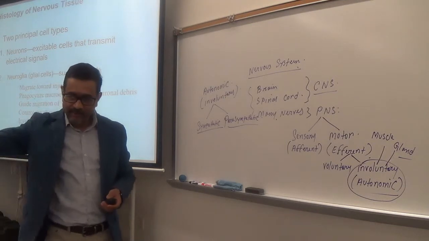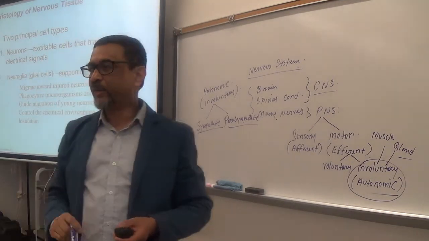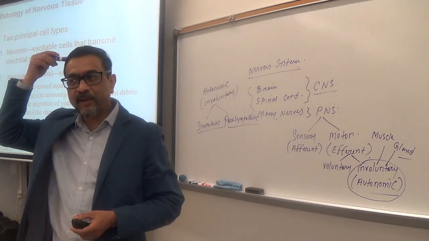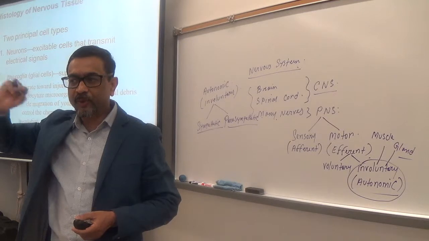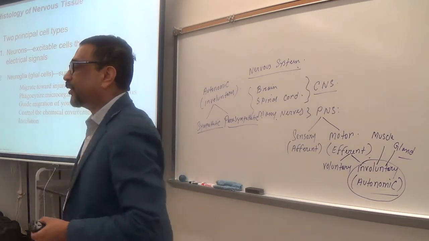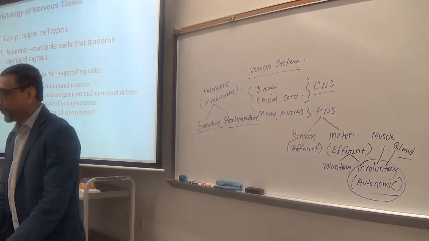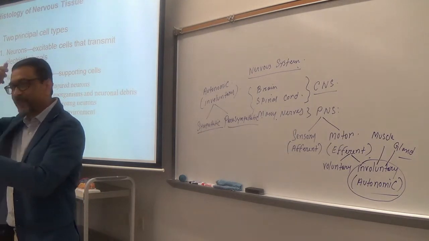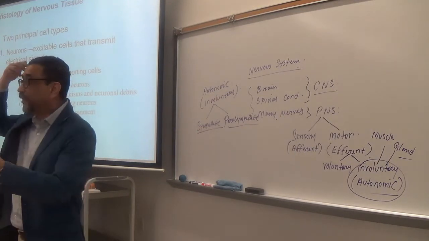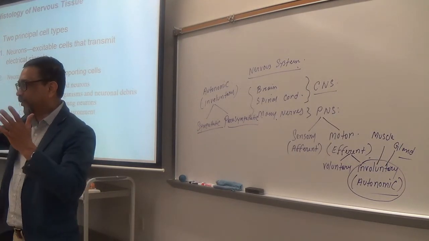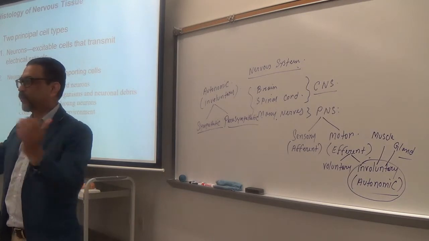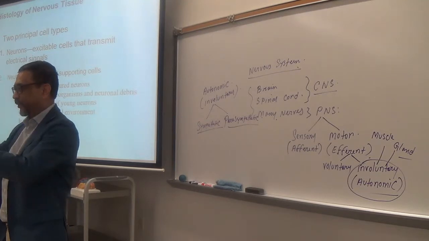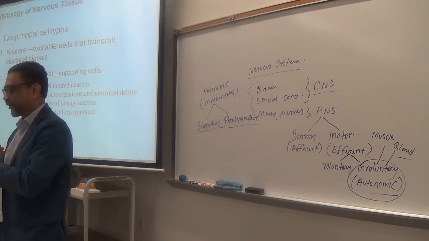Some neuroglial cells can move towards the site of injury. If any injury occurs somewhere in the neural tissue, some neuroglial cells can go there. They will go there to do what? To engulf the microorganisms, if there is any microorganism there, right? Or any dead cell should be cleaned up, right? So they will go there to do what? Phagocytosis. You know phagocytosis, right? Okay, so they will engulf the microorganism or dead cells. Okay.